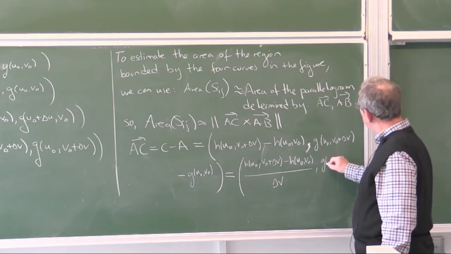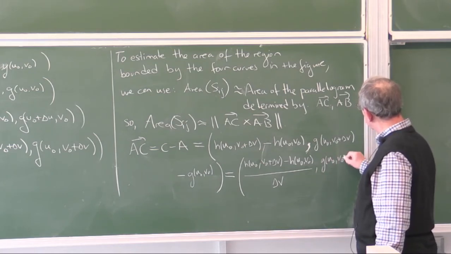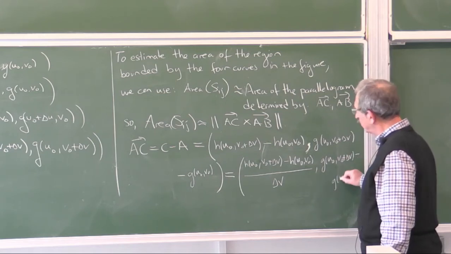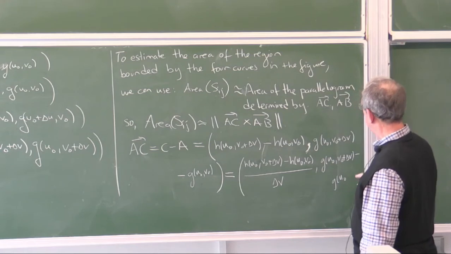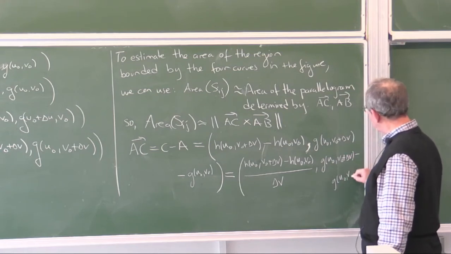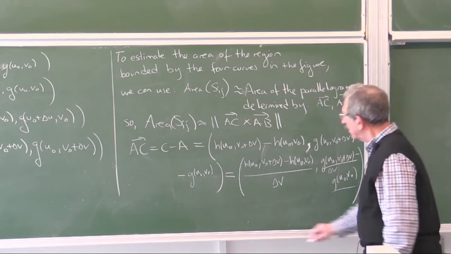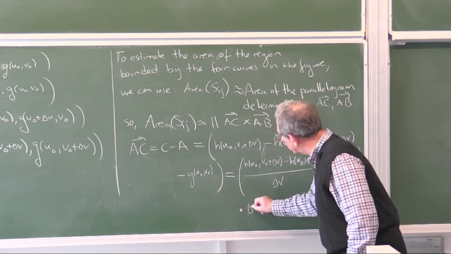This would be g(u0, v0 plus delta v) minus g(u0, v0), divided by delta v, times delta v.